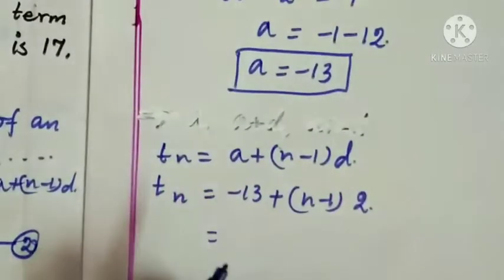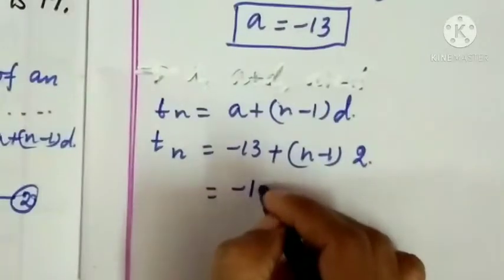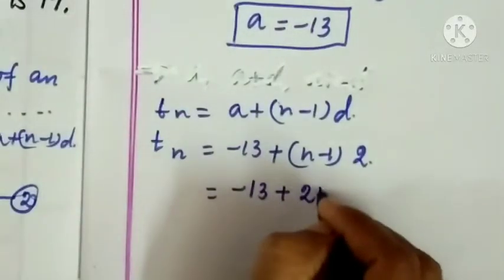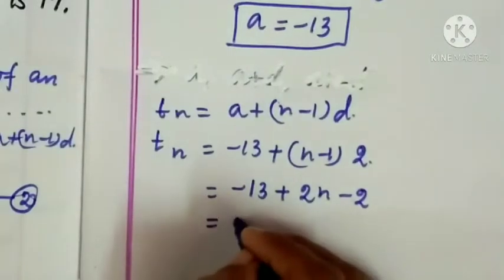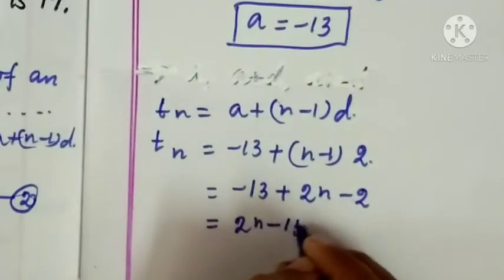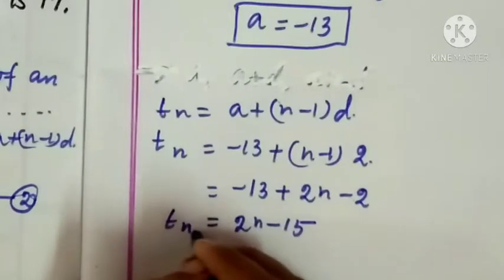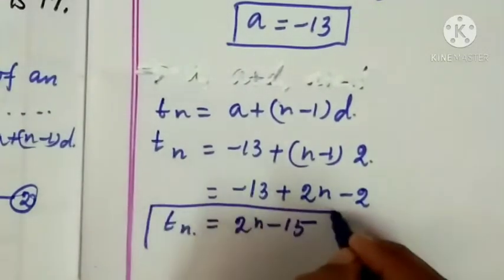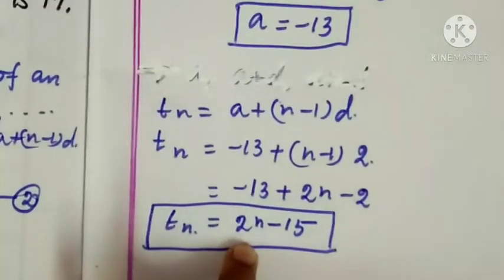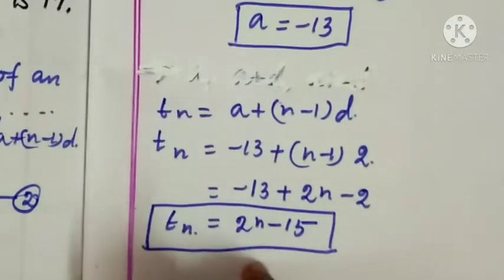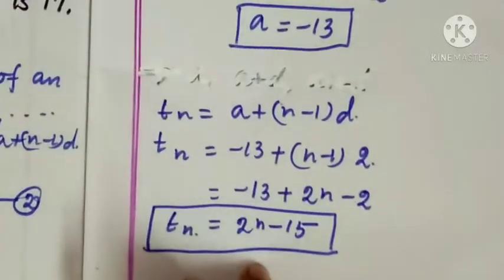Now, you have to simplify this, means we get minus 13 plus 2n minus 2, that is 2n minus 15. The general term of an AP is Tn is equal to 2n minus 15. This is the answer for this sum.